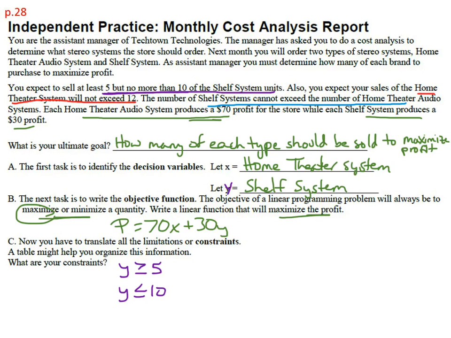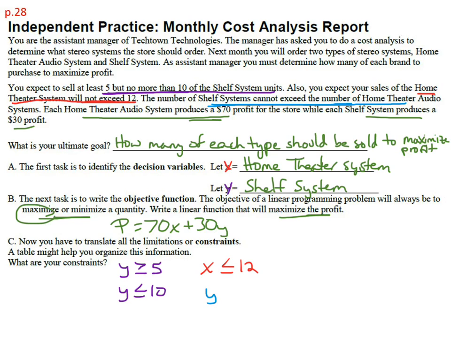Then we have our home theater system that we expect will not exceed 12. So if our home theater system was X, then x is going to be less than or equal to 12. Now here in the blue, remember we said that for our shelf systems, the y cannot exceed the number of home theater systems.